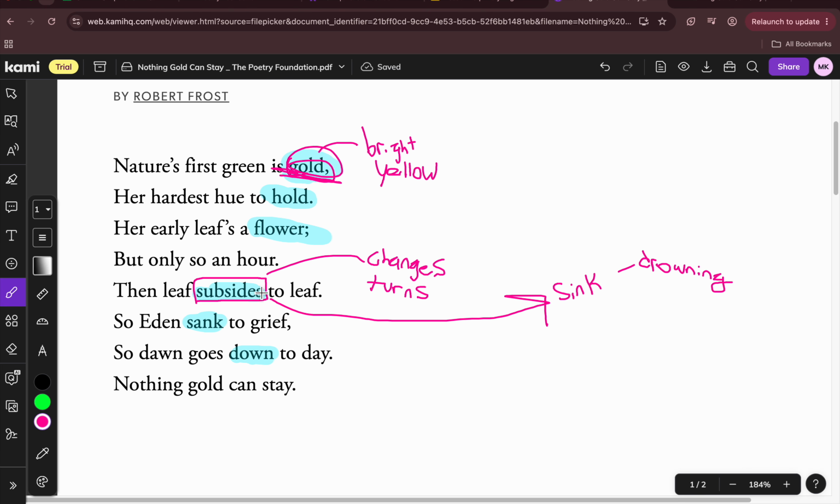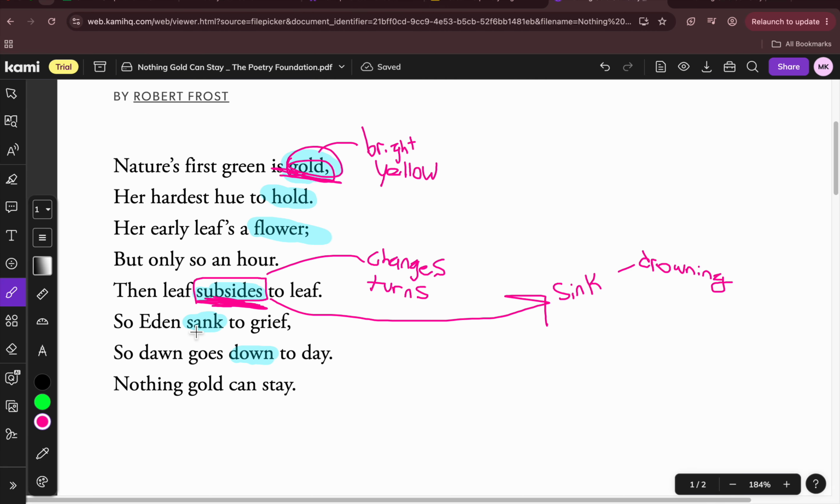So it definitely seems a bit more desperate, like leaf subsiding or sinking, drowning, to leaf. By choosing this word, Frost seems to imply that a green summer leaf isn't really an upgrade from a spring bud. It's actually a downgrade or a loss of some type of perfection.